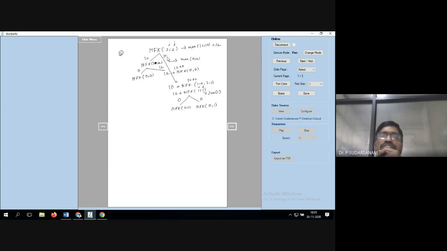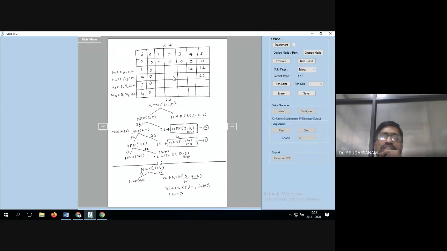Now 2 comma 2 is nothing but how much? 12. 2 comma 2 is 12. So shall I write it at the end? I'll write it at the end. Next, what you have to calculate? This one, so 15 comma MFK of this one.